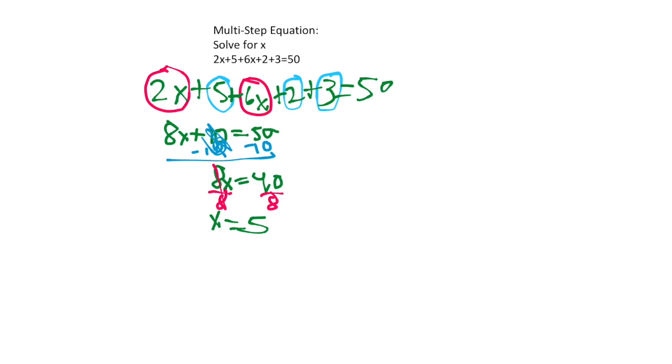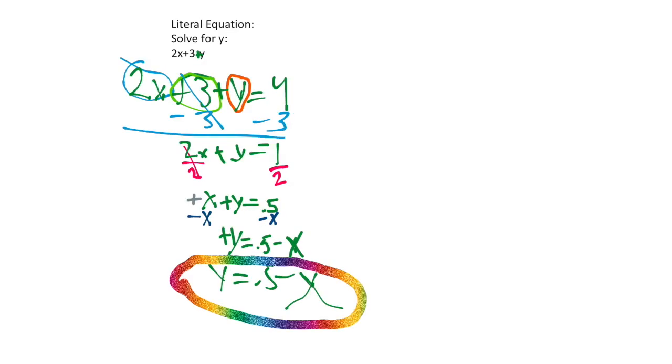A multi-step equation takes 3 or more steps to solve for x. And finally, a literal equation is an equation with more than one variable. You just have to isolate the variable by moving the other variables to the other side.